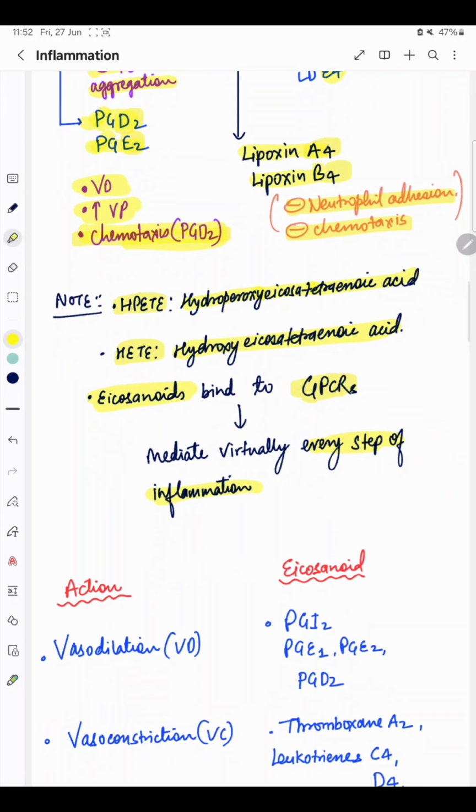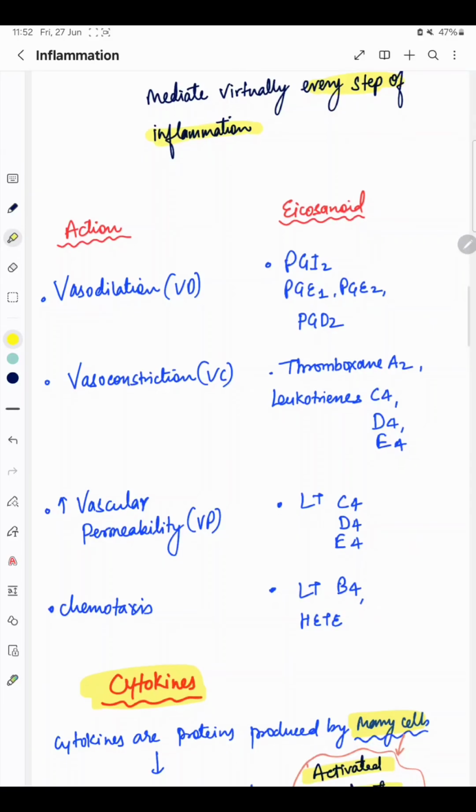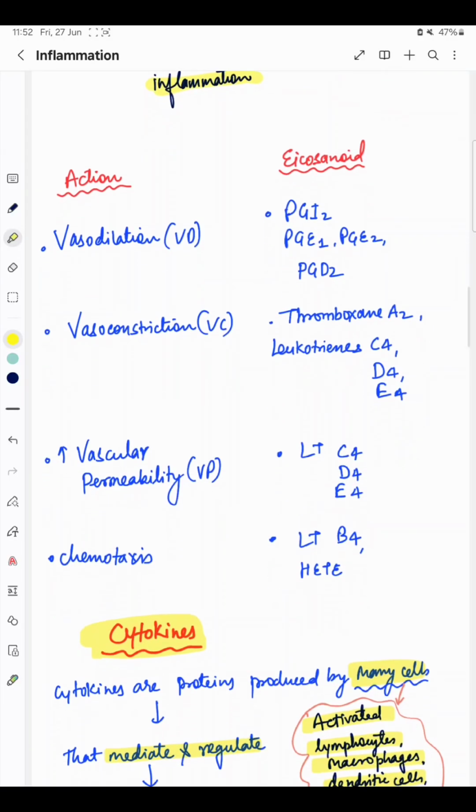Now we will briefly see the various actions of the icosanoids. Vasodilation is caused by prostaglandin I2, E1, E2 and D2. Vasoconstriction, thromboxane A2, leukotriene C4, D4, E4.